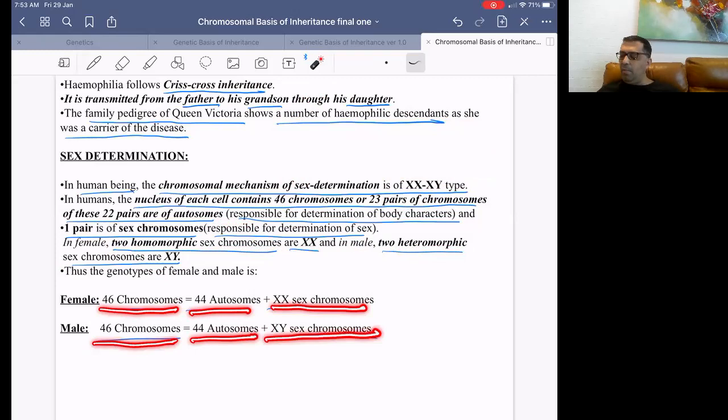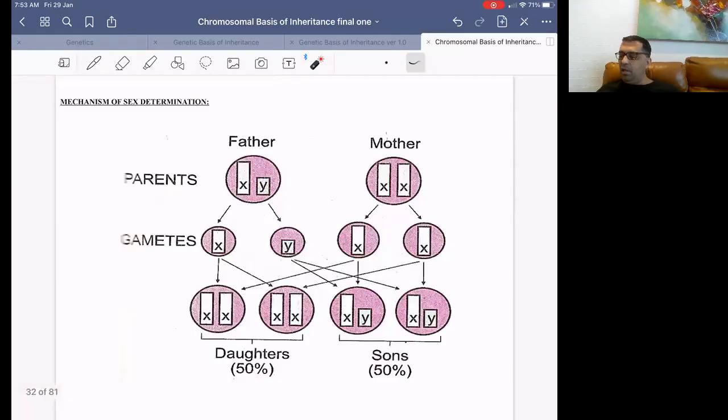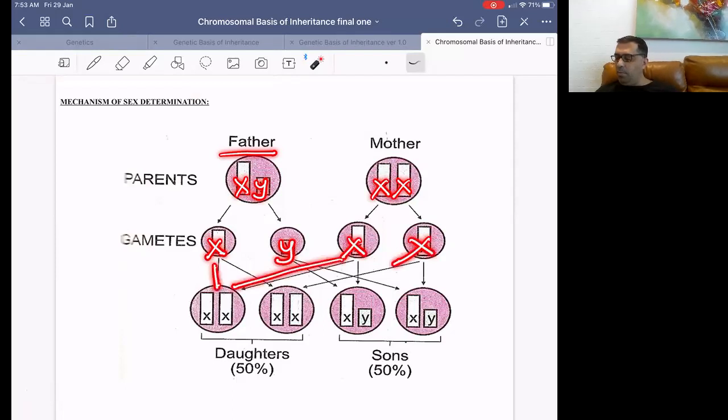So how does it determine? Father is X and Y, mother is X and X. Gametes formed from the father are X and Y, from the mother X and X. If X and X fuse, it forms XX, a daughter.